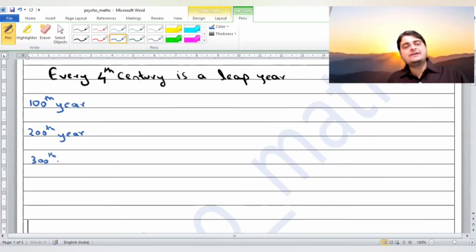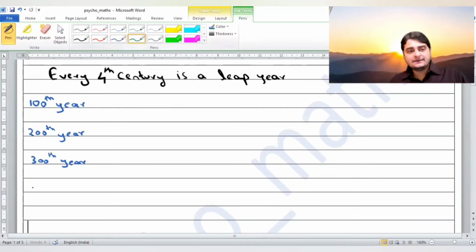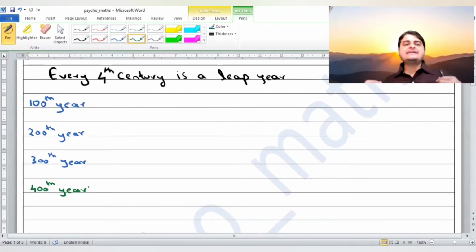Even the 300th year, the third century, was not a leap year, but the 400th year, the 4th century, was a leap year. It means the 400th year, 800th year, 1200th year, 1600th year, and the 2000th year was also a leap year, being in this century, it is very near to us. Yes or no? So the year 2000 was a leap year, since every 4th century is a leap year.